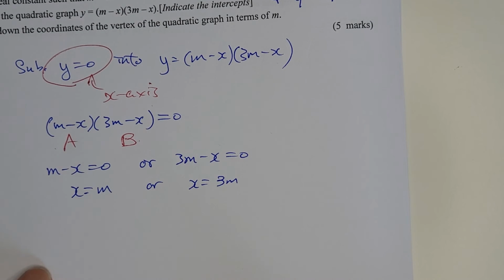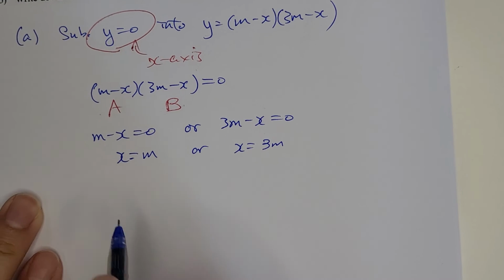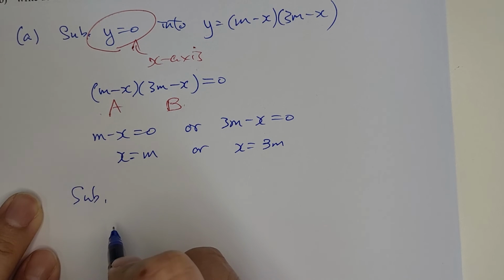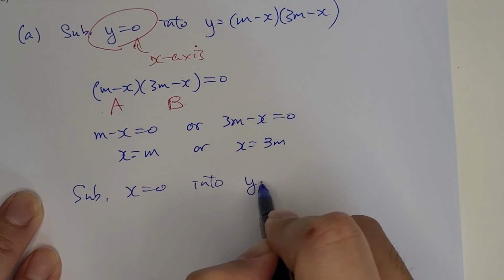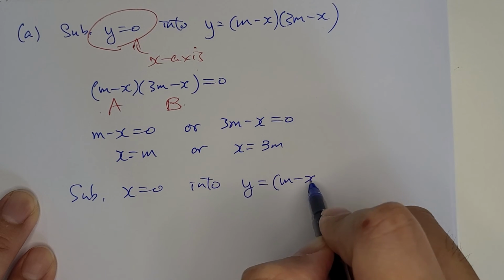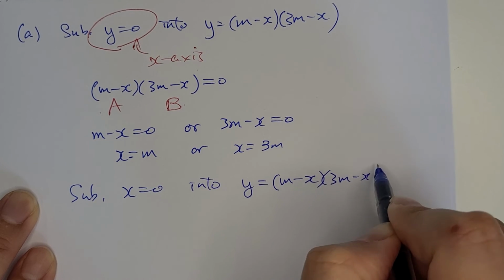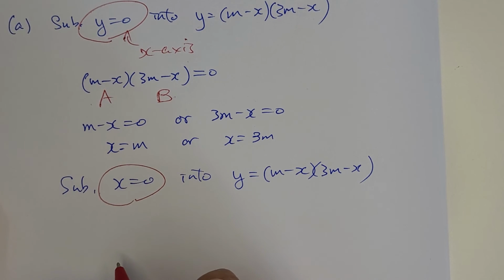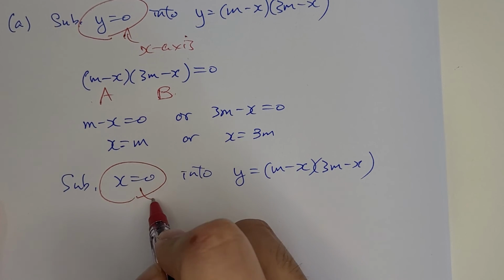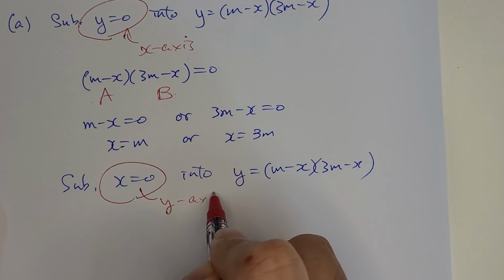And you need to also find the y-intercept. We substitute x equals 0 into y equals m minus x times 3m minus x. Also, x equal to 0 is the equation of the y-axis.